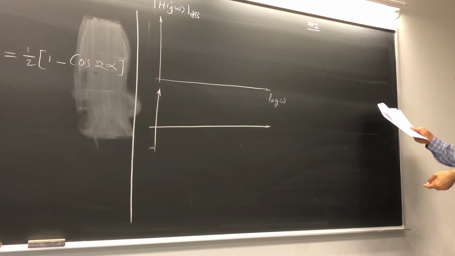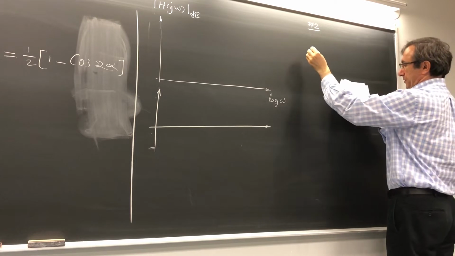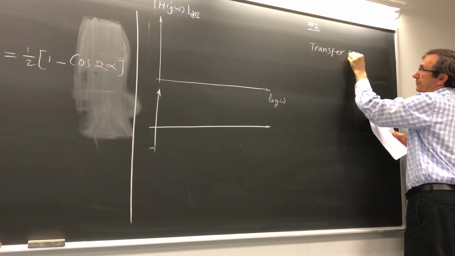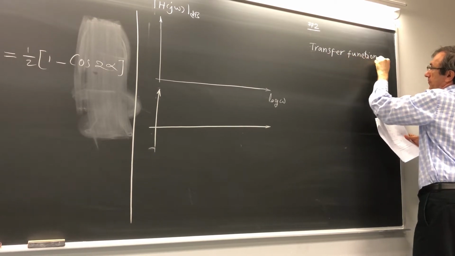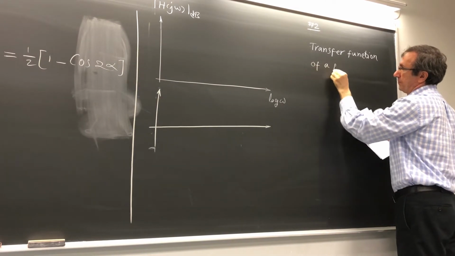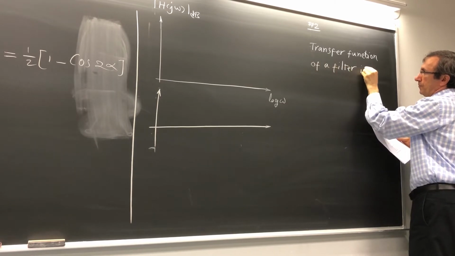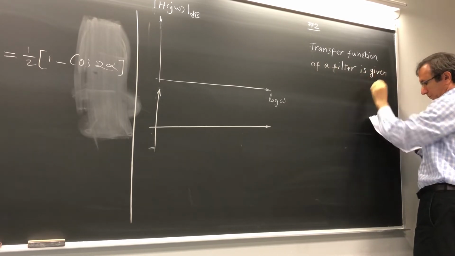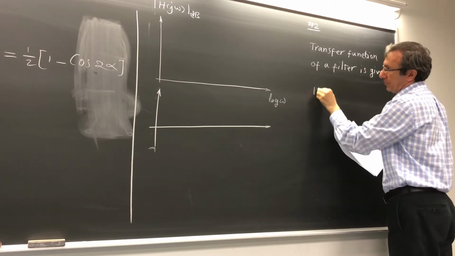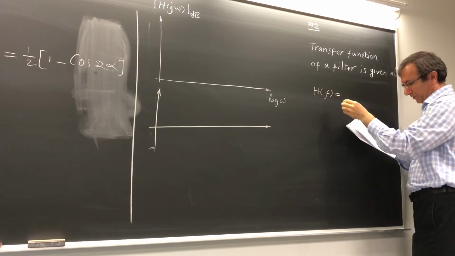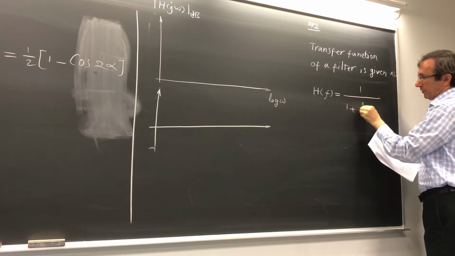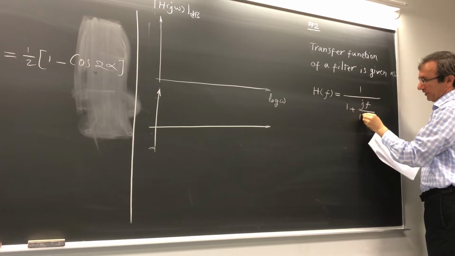Number 2 of problems, series 2. It says the transfer function of a filter is given as h of f equals 1 over 1 plus jf over 10 kilohertz.